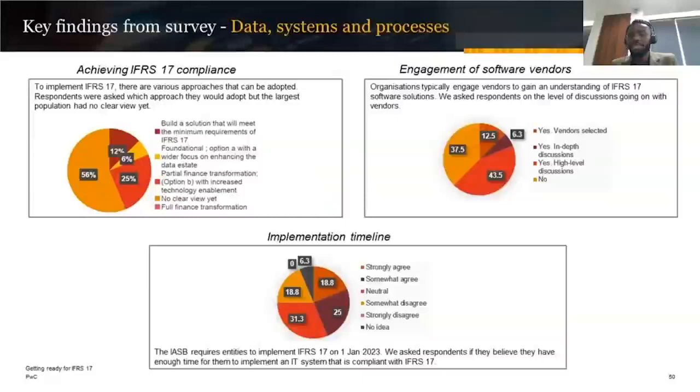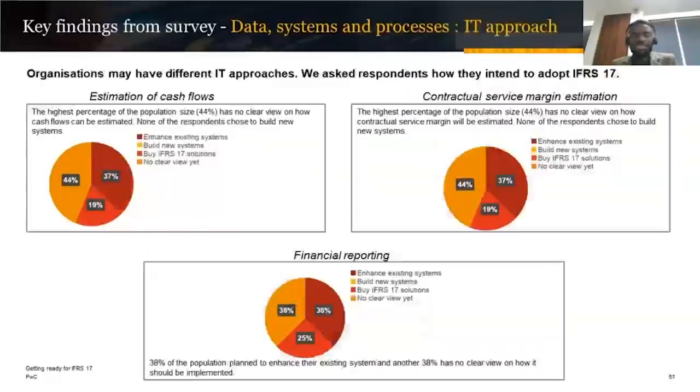On the impact on productivity of insurance companies, 50% of our respondents say they do not have an idea how IFRS 17 is going to affect the profitability of insurance companies. 38% think with the implementation of IFRS 17, there would be lower profits. 6% think there will be higher profits.